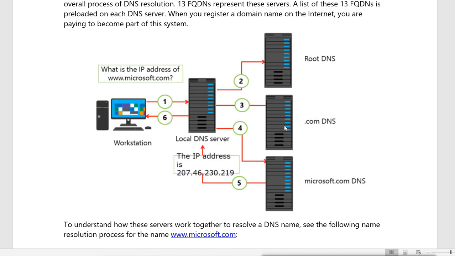In the internet DNS environment there are top level DNS servers represented by these names: com for commercial use, net for network, gov for governments, edu for education, and org for organizations. So these are the different top level DNS servers available in the internet environment.